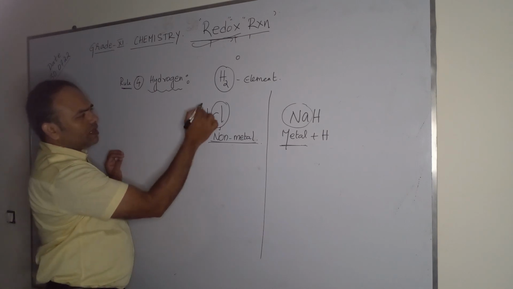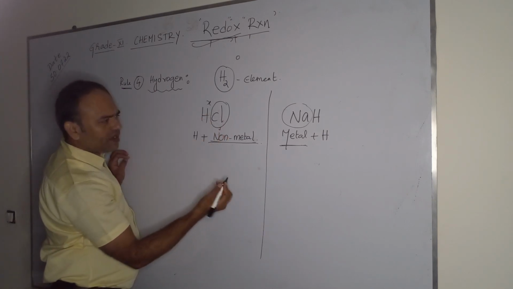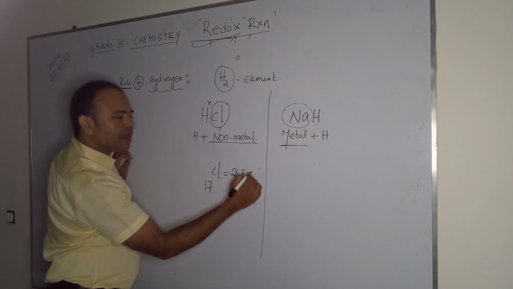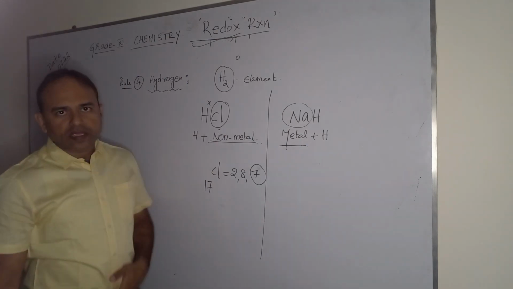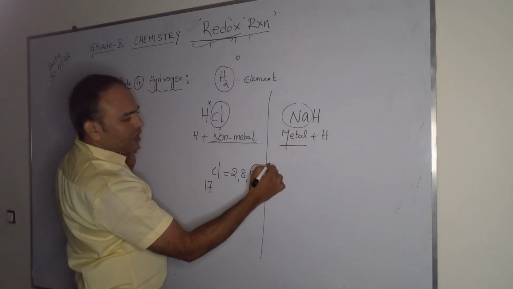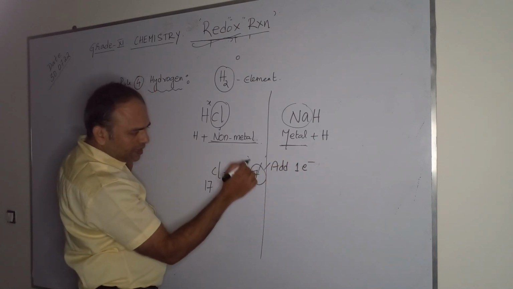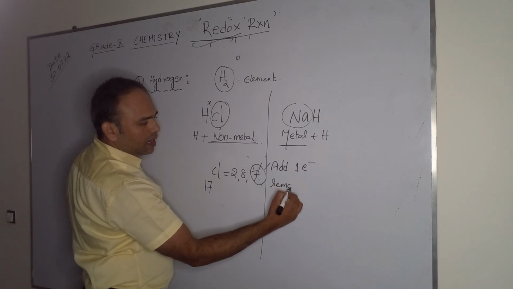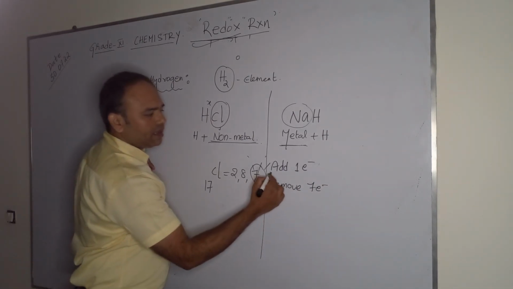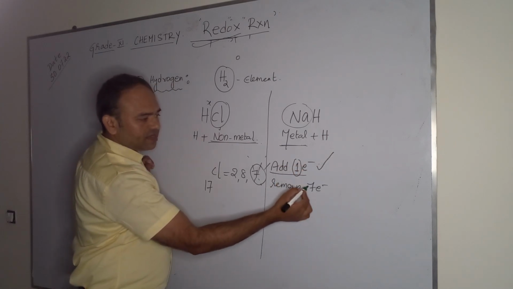Now, take hydrogen is X and chlorine, you very well know, atomic number 17, configuration 2, 8, 7. If the valence electrons are 7, what will happen? Either add 1 or you have to completely remove 7, which is easy. Adding just 1 electron is easy compared to removing 7 electrons.